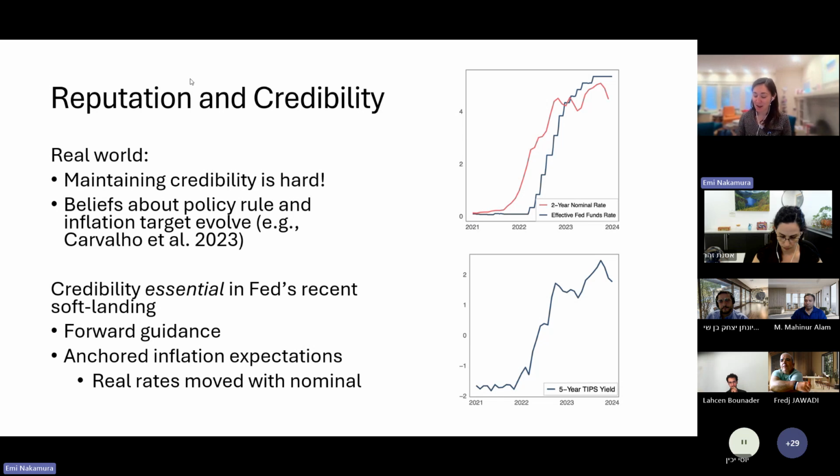indeterminacy problem. On the inflation spirals point, you're right that what I want to emphasize is that it arises in the context of imperfect credibility. It's really like a separate vector of issues.